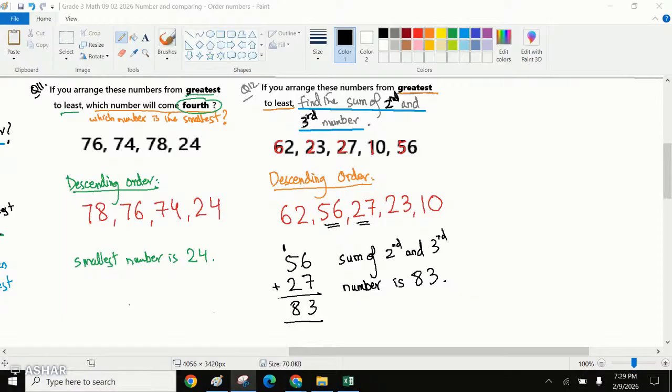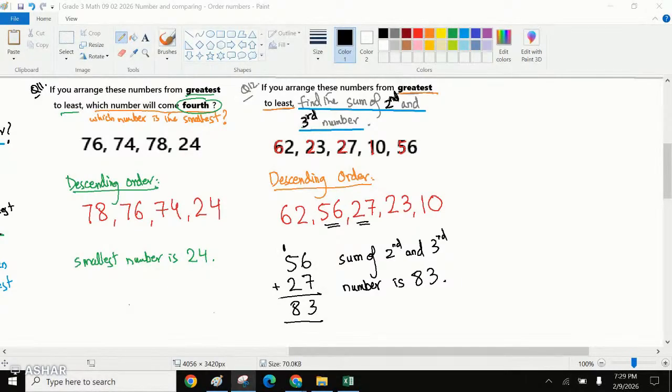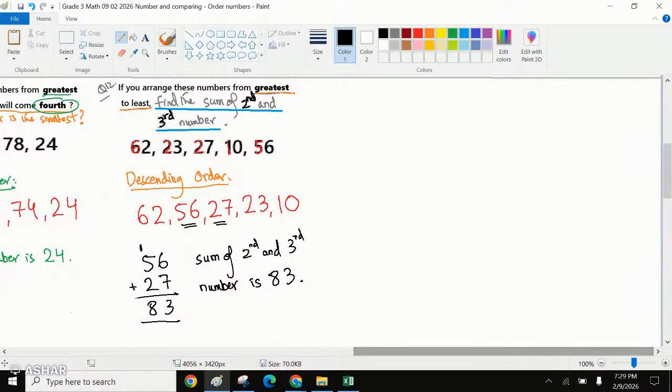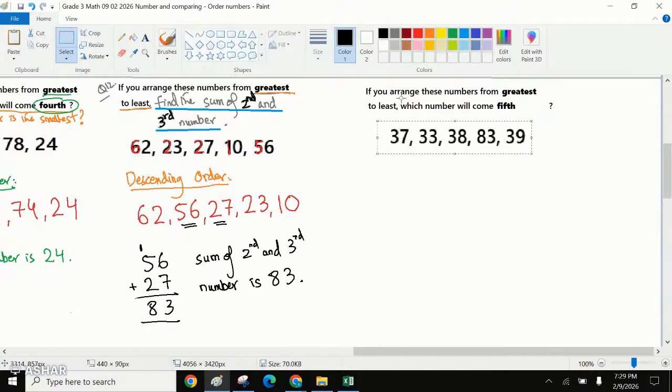For the next question, let me just copy this. I will change the order. I would need to change the question, and if you arrange these numbers, let me just change the question first, then please attempt them.